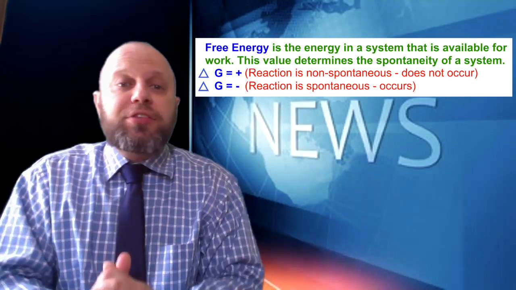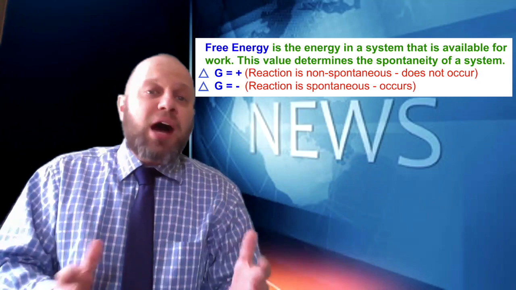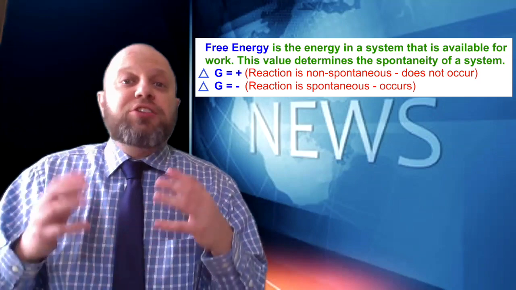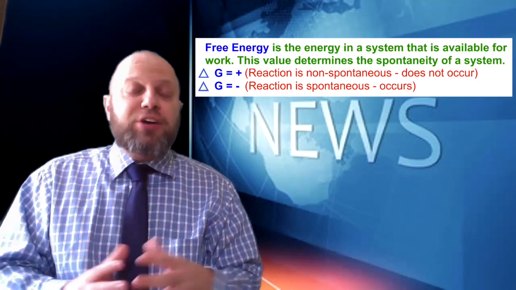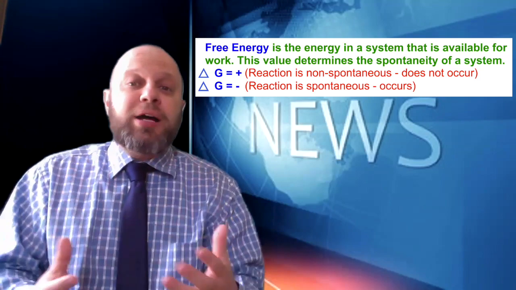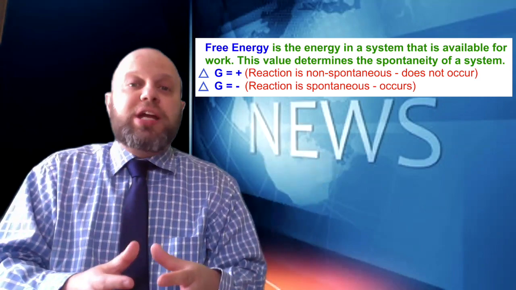So if you look at the variable that we use for this, we use delta G, and a positive value for a delta G means that the reaction does not occur, it is non-spontaneous, and a negative value for delta G means that the reaction does occur, it occurs spontaneously. So if I mix two things together, this reaction will occur.